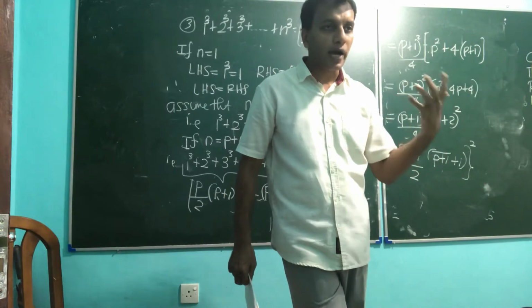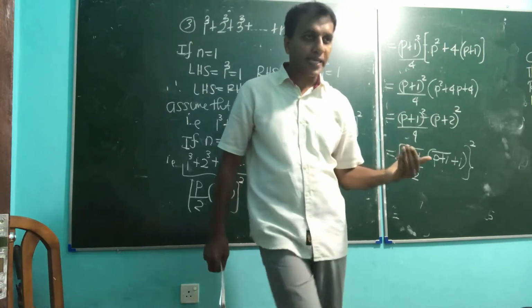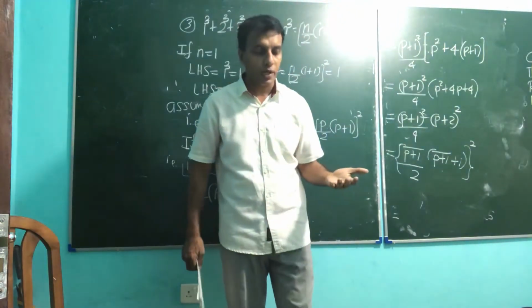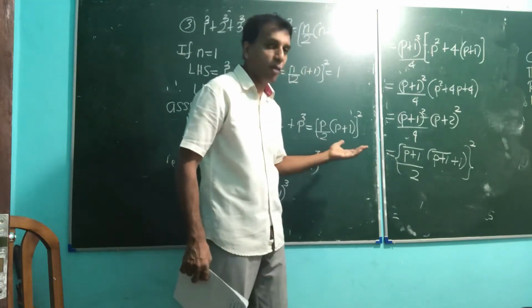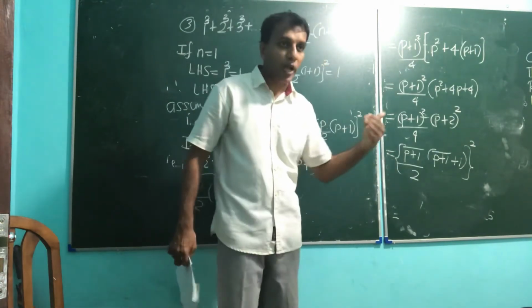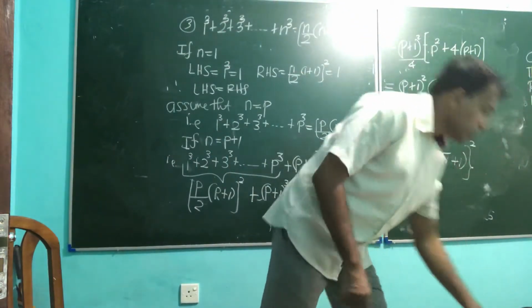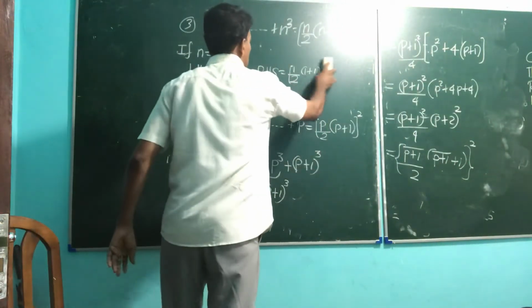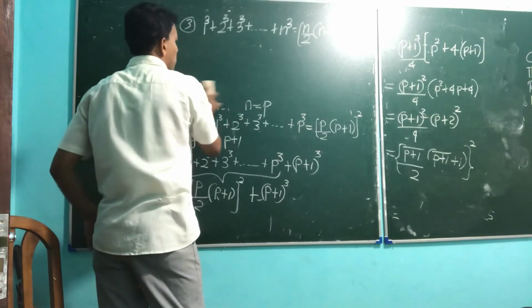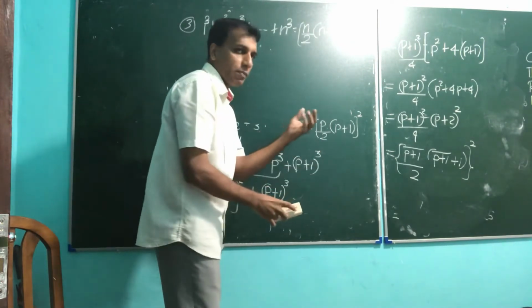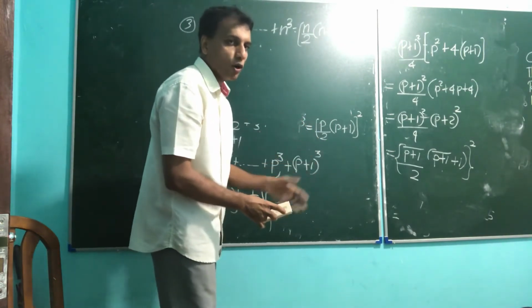Sum of the squares: n by 6, (n plus 1), (2n plus 1). Sum of the cubes: n by 2, (n plus 1), all squared. Right? Also, I can show this in sigma notation.